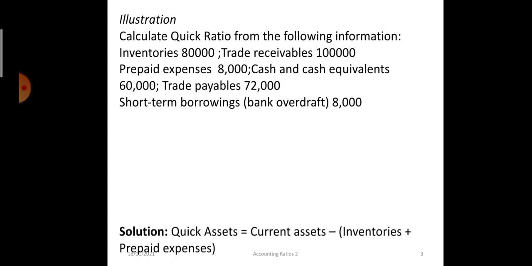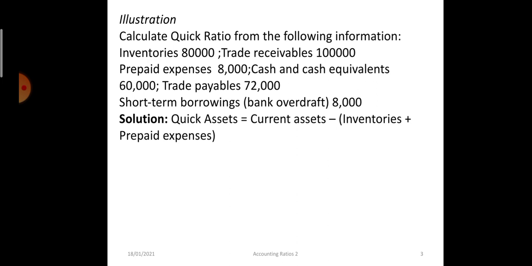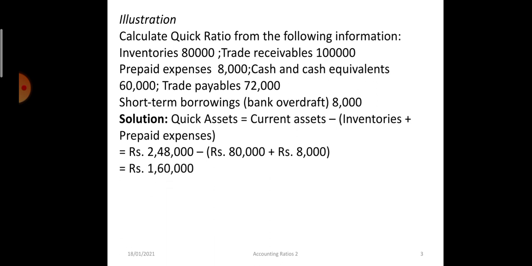Or the other way, let's calculate the total value of current assets, that is 80,000 plus 1 lakh plus 8,000 and 60,000, that is 2 lakh 48,000. From that, inventories and prepaid expenses will be deducted. So 2 lakh 48,000 minus 88,000, we will get quick assets equal to 1 lakh 60,000 rupees.